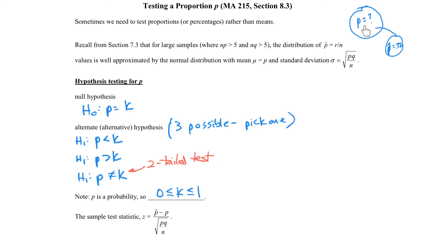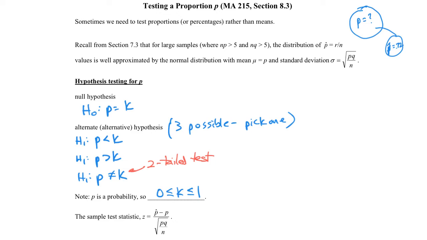That doesn't make any sense. The proportion has got to be between 0 and 1. If 50% of the voters, that's 0.5. If 100% of the voters are going to vote yes on proposal 3, this would be 1, a decimal for 100%. So it's got to be between 0 and 1 for this number k that we set p equal to.